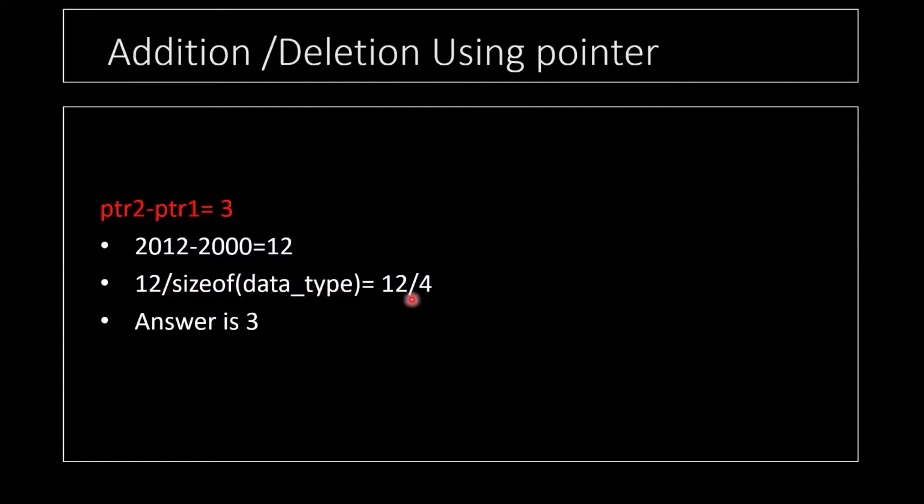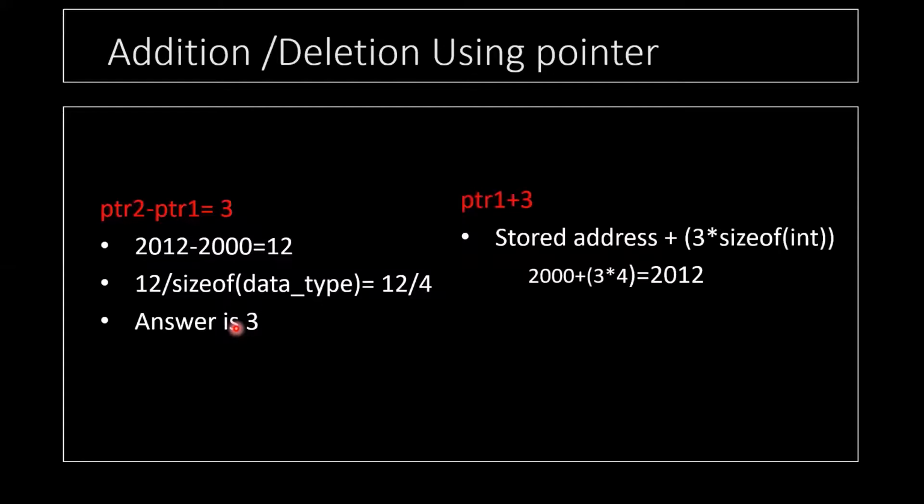Here the size was 4, so the answer is 3. Clear? Similarly, the simple formula for adding a value is the stored address, which was 2000 in our case, plus the value we are trying to add multiplied by the size of that particular data type.